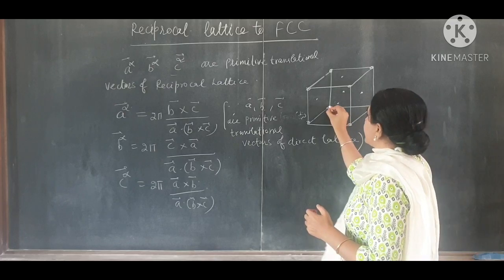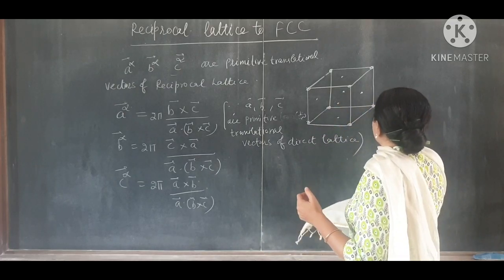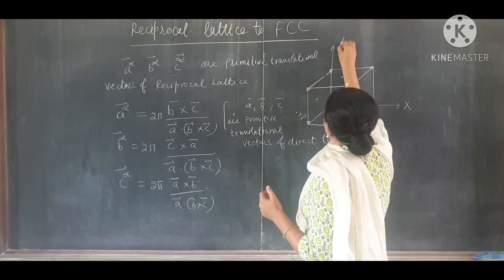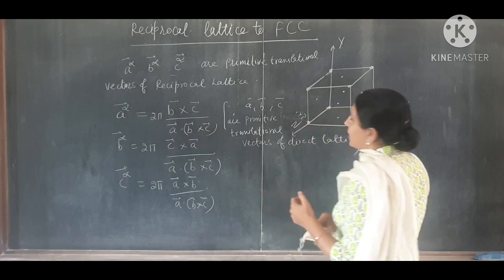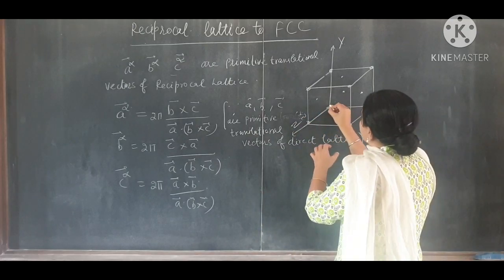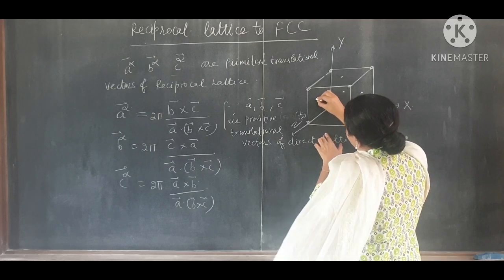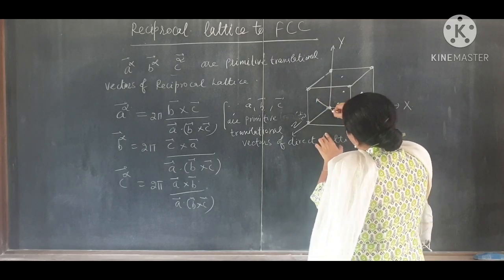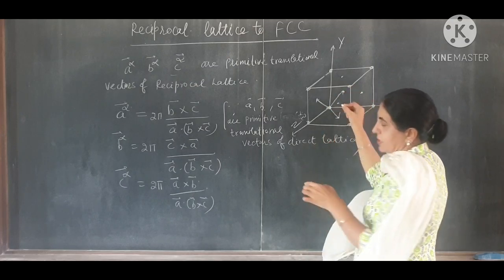So if we take an arbitrary origin and draw the axes, this is the x-axis, this is the y-axis, and this is the z-axis. And join this to the nearby face centered atoms. So one atom is this, join with this, second atom is this, and third is this, join with this. This is on the back face.